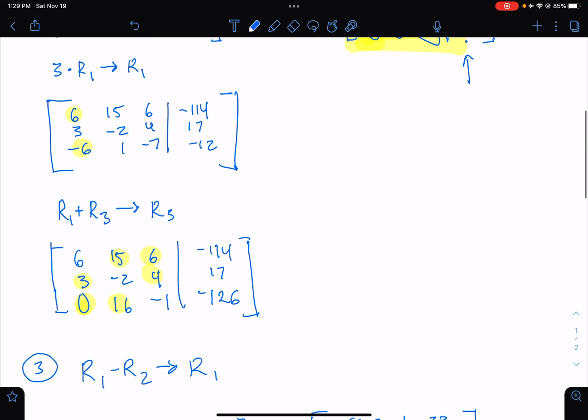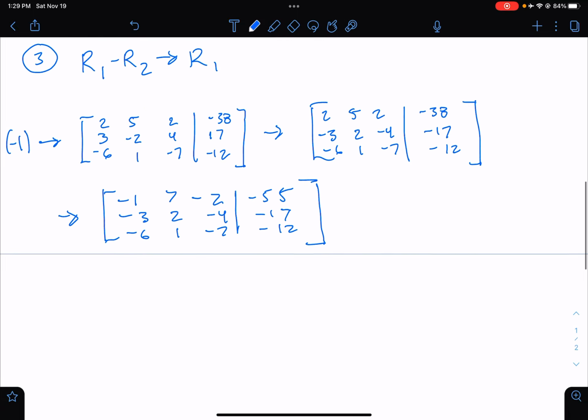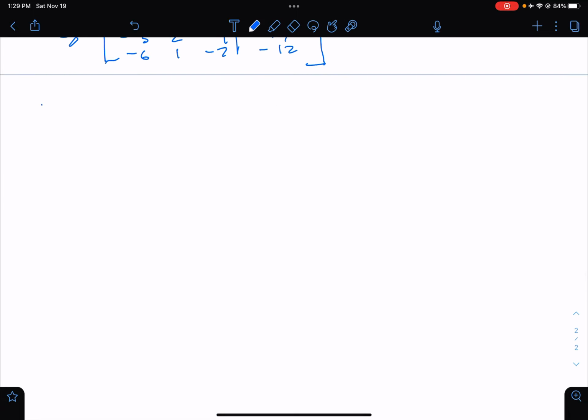And then last but not least, question 4 says, suppose you arrive at this step during your Gauss-Jordan elimination. What are 2 possible next steps? Number 4.